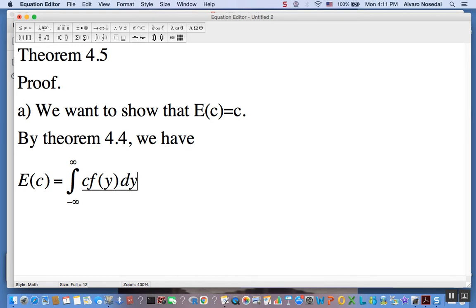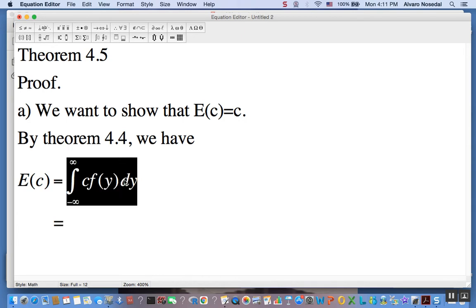Make sense? Right? Okay. Now, by the linearity of integrals, we get to factor out that constant c. Let's do that.